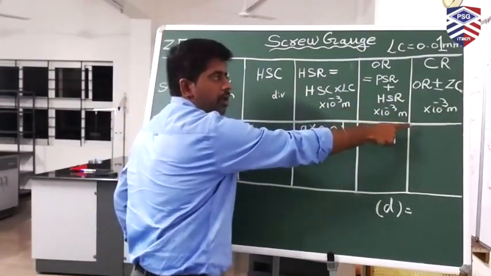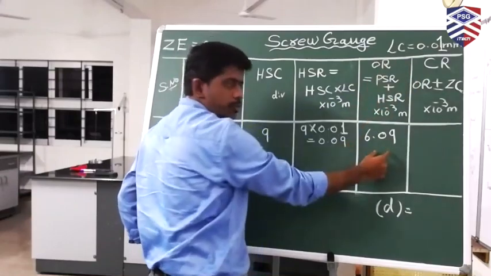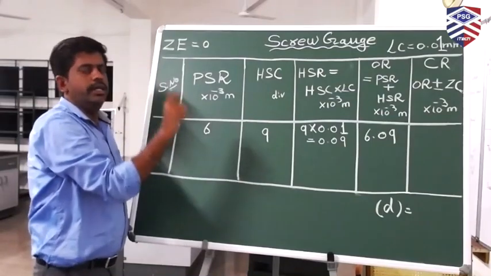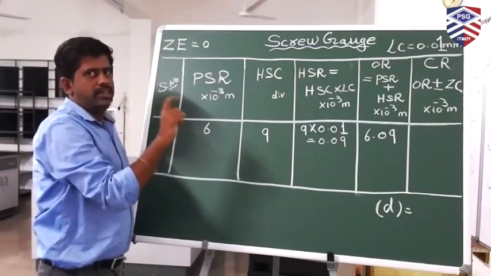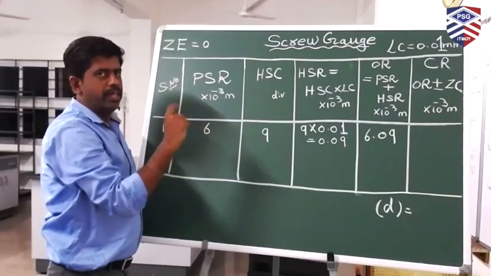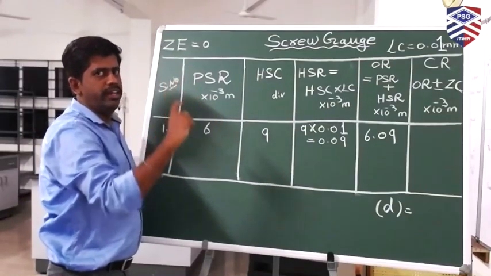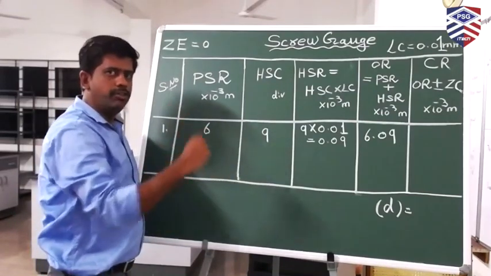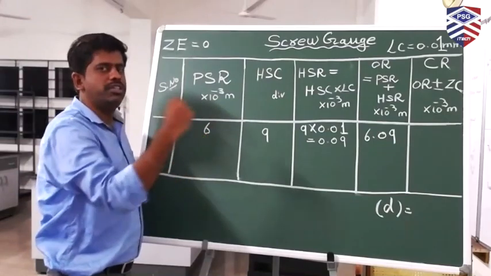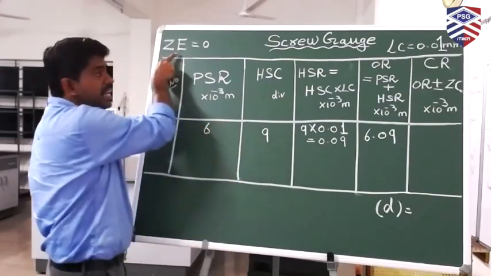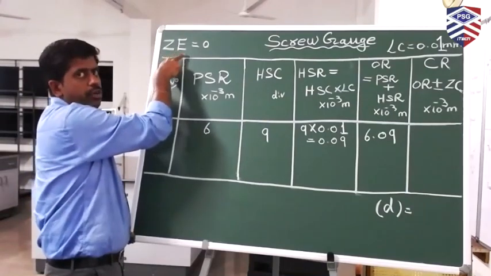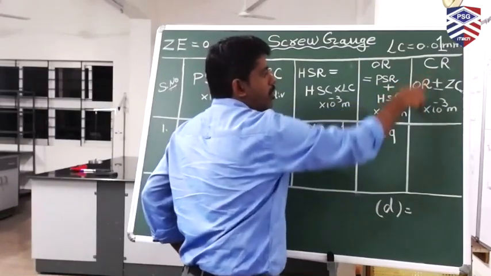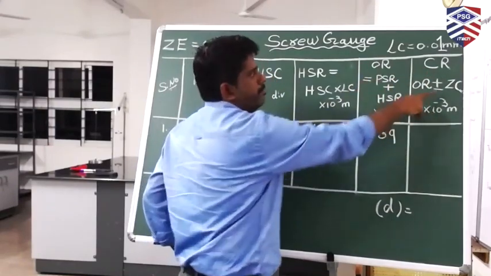Coming to the last column, which is the corrected reading, it has to be corrected with the zero error of the instrument. Every instrument has its own zero error. As we have previously seen, what are the 3 cases of measuring the zero error? Again, I am bound to remind you that we have to note down the zero error before taking the reading. In our case, the zero error is 0. So there will not be any change in the original reading.